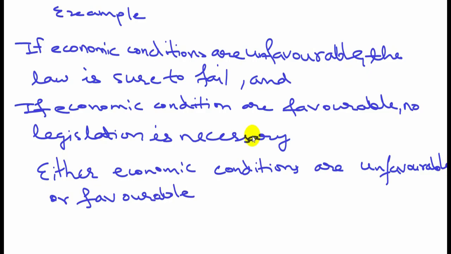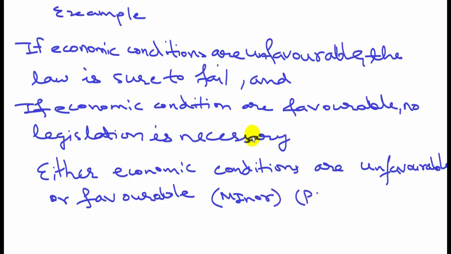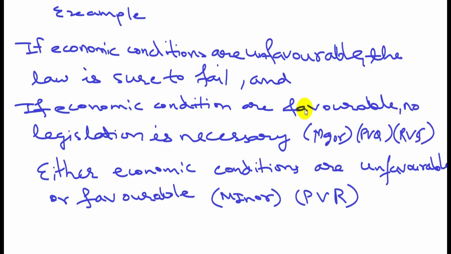Okay, because this is our minor premise and it is P or R. So this would be our major premise from here till here. It would be major, P, Q, R, S, right?